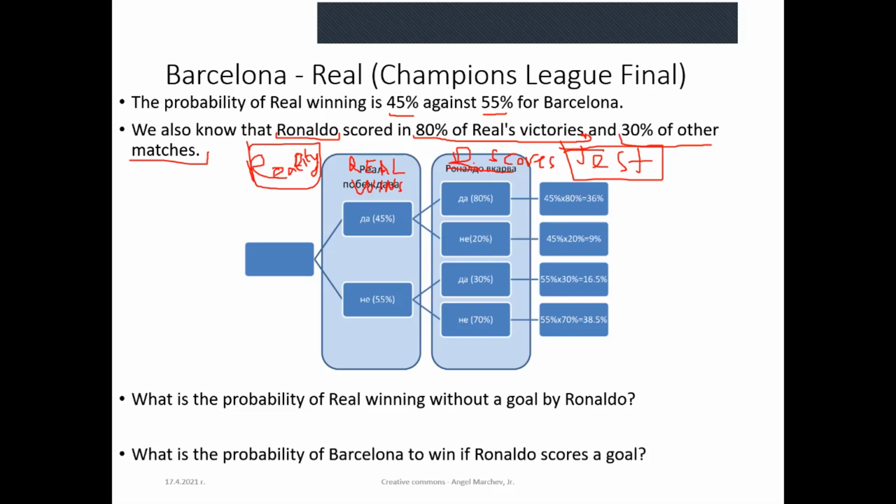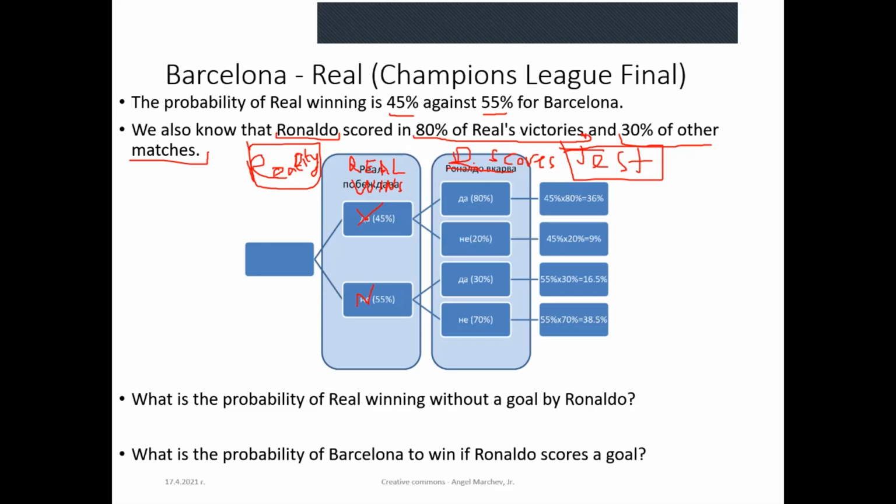Okay, so first of all, let us construct the unconditional probabilities. Real wins yes, and Real wins no. Yes is 45%. This is how it's given. No is 55%, right? And there are no other outcomes. This is why we chose the Champions League final. So if Real wins, we know the history of this event.